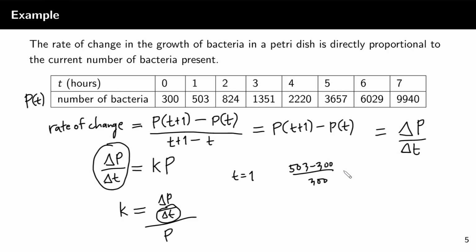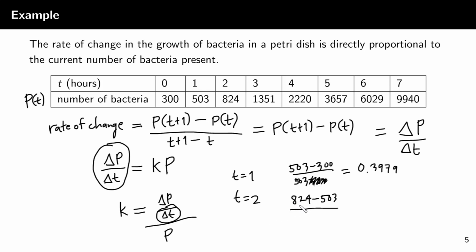So, that's equal to 0.3979. So, at T equals 2, we have 824 minus 503. Sorry, this is supposed to be, yung sa first equation natin, this is supposed to be 503.